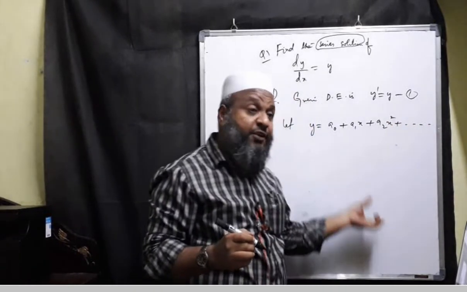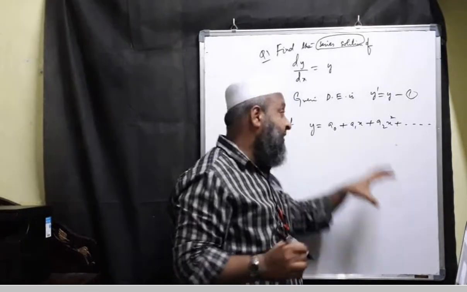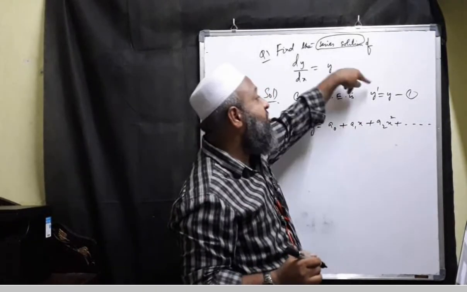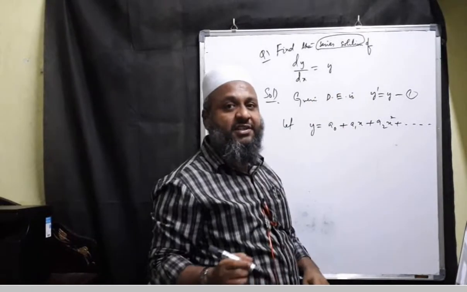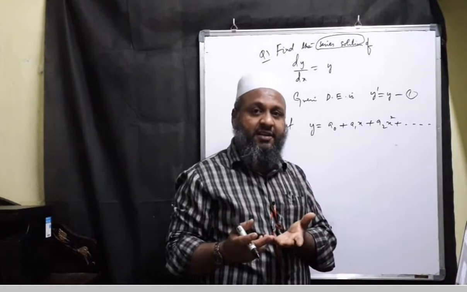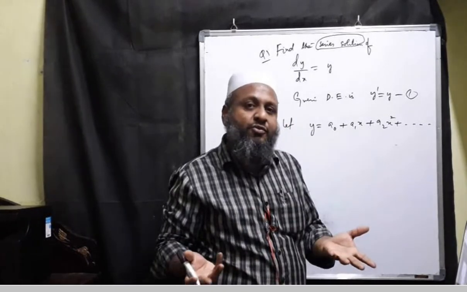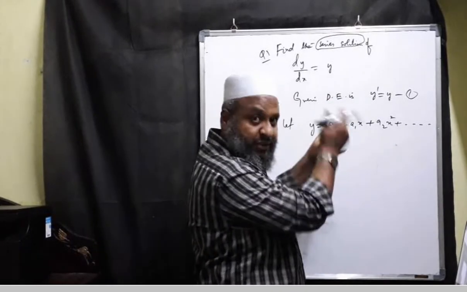We need to find the coefficients a0, a1, a2 in such a way that this series y becomes the solution of this differential equation. We do not know these a values, so we take that same format so that it should satisfy the equation.